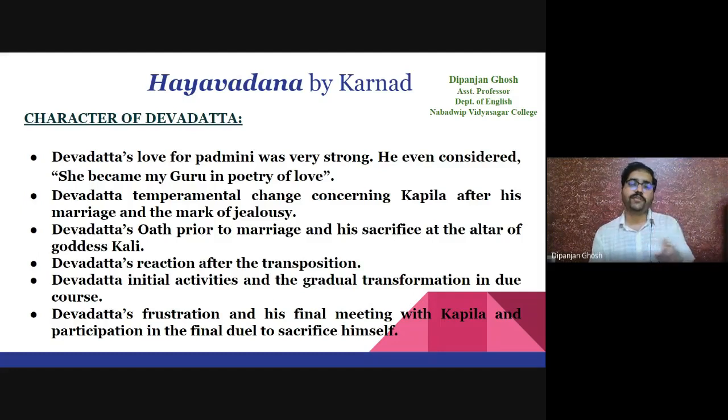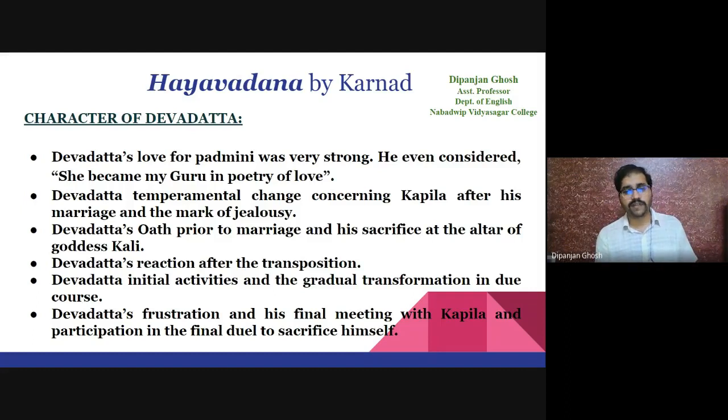Whenever you try to write the answer on Devadatta's character and his role and responsibilities in this play, Hayavadana, you should consider the characters from the perspective of society, from the perspective of religion, from the perspective of himself, that is from Devadatta's point of view, Kopila's point of view, Padmini's point of view, and from the perspective of society in general.